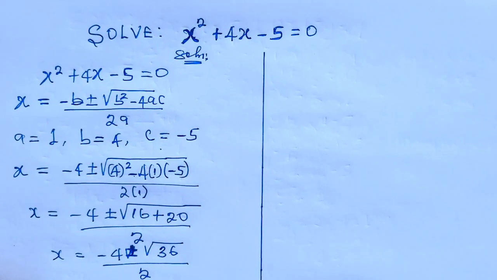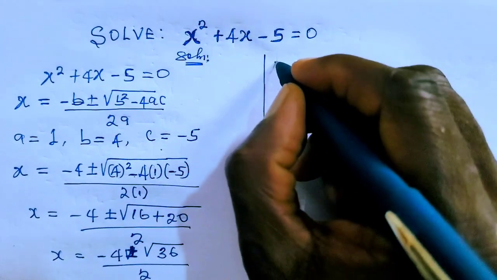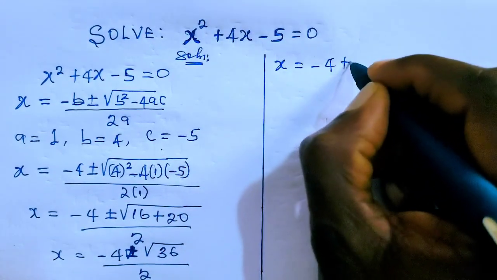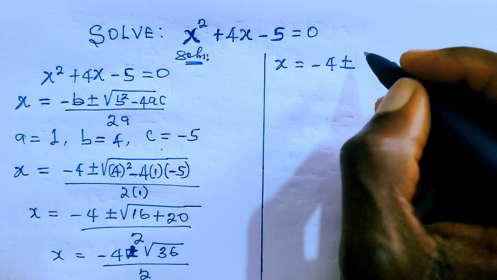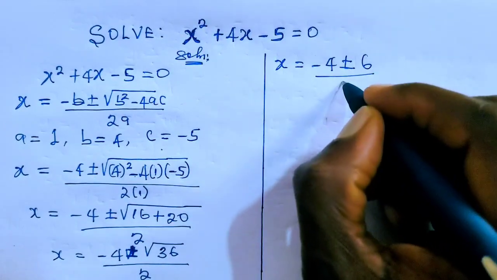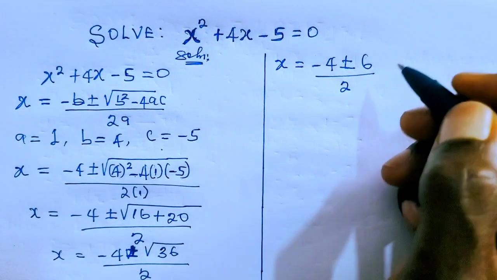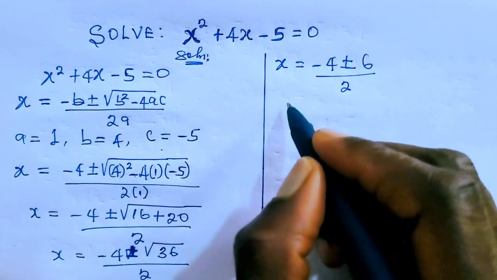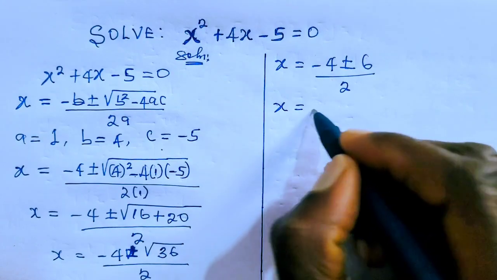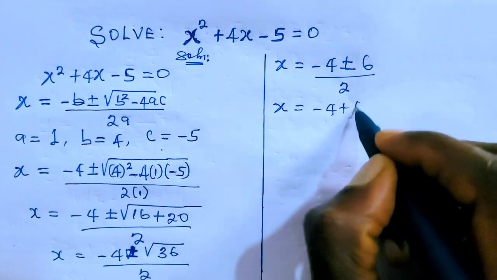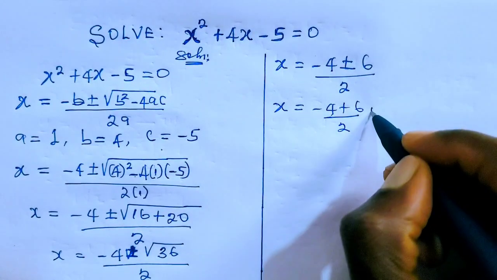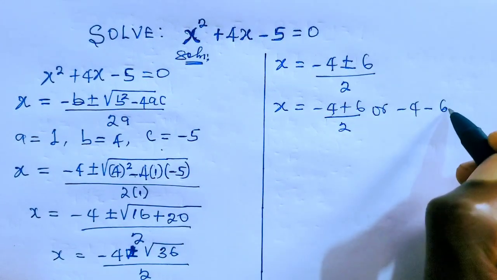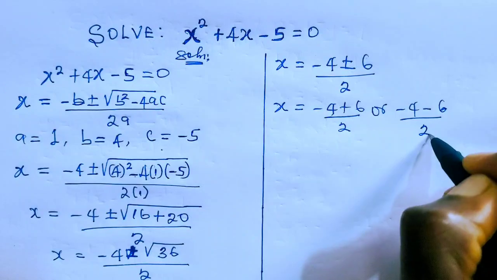Now, simplifying this further, we are going to have that x equals minus 4, plus or minus square root of 36, which will give us 6, all over 2. Now, this can also be expressed as x equals minus 4 plus 6 all over 2, or x equals minus 4 minus 6 all over 2.